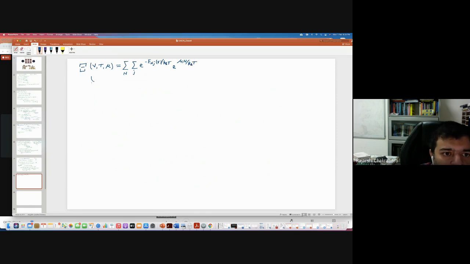And this is the full expression for the grand canonical partition function. Remember we had this canonical partition function. What was the expression?